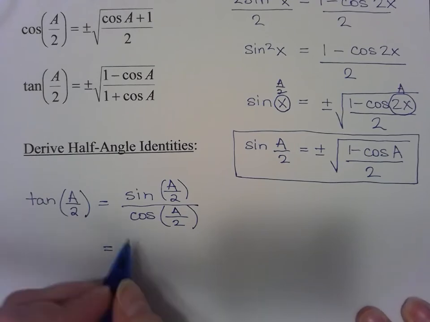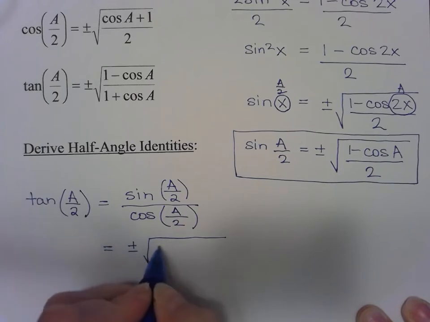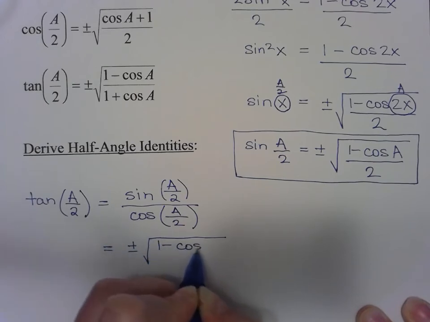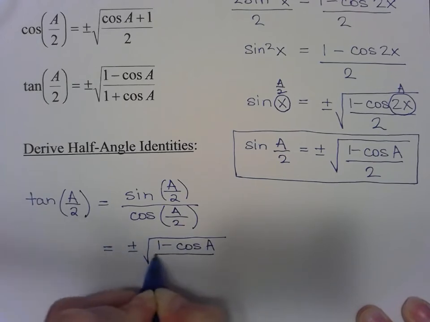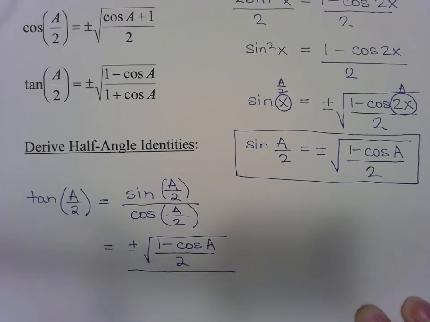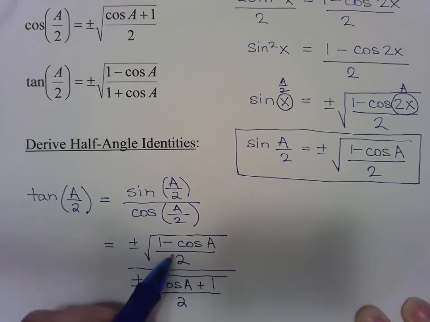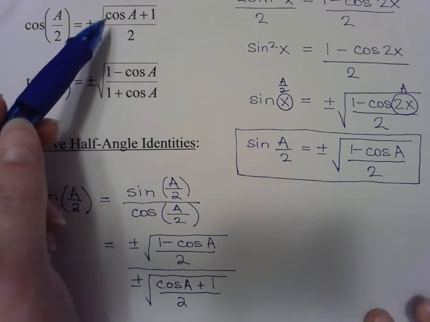So I'm going to have on the top plus or minus the square root of 1 minus cosine of A over 2 divided by plus or minus the square root of cosine of A plus 1 over 2. So this one came from here, right? And this one came from here.